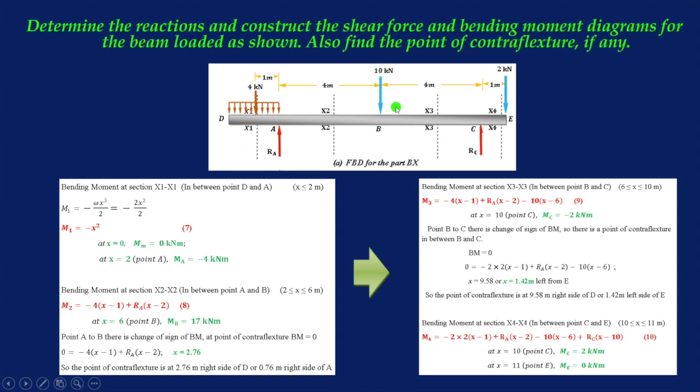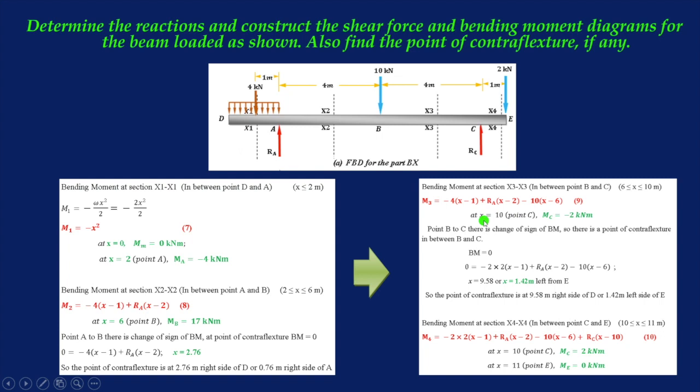Under the action of this force, the beam can rotate in anti-clockwise direction about the x3 point, so this is negative bending. And what is the distance? From here to here the distance is x, and here to here it is 6, 2 plus 4. So the distance is x minus 6. So this is the bending moment.